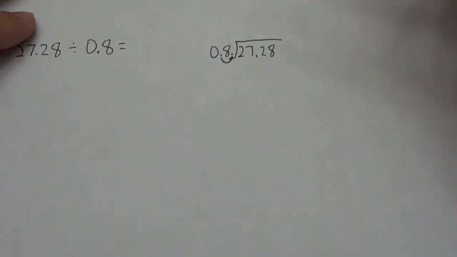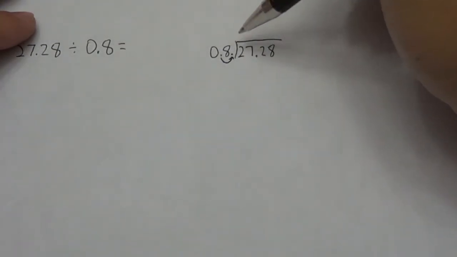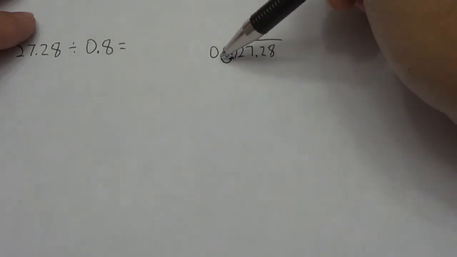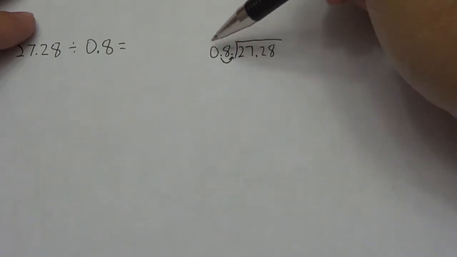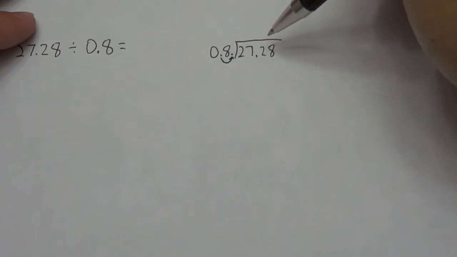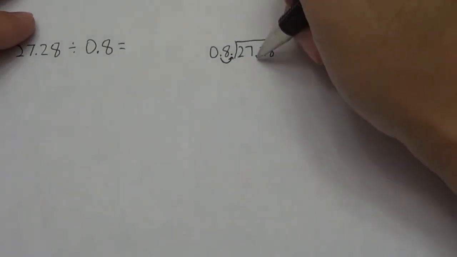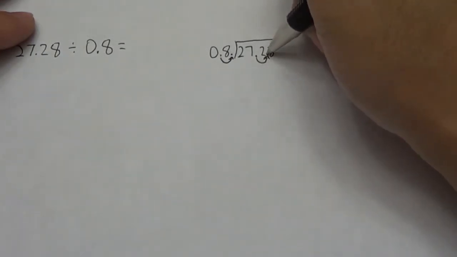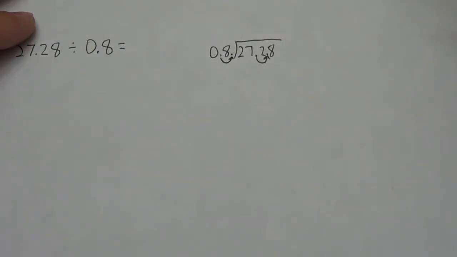Now, this will change the answer if I don't do something over here also. By moving this number over here, this number is increasing by a factor of 10. To balance it out, so I get the proper answer up here, I need to do the same thing to this number. So I need to multiply this number by 10 also, which would have the effect of moving the decimal place over 1 spot.